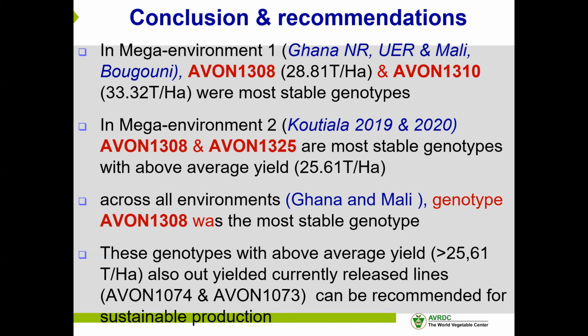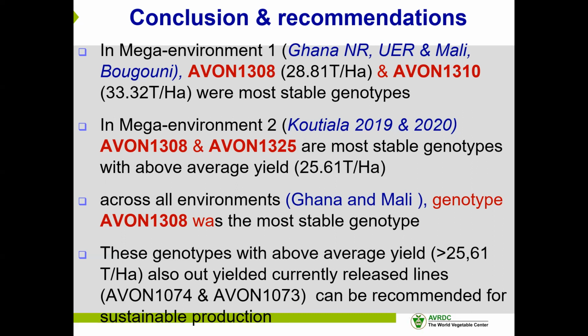In conclusion, the genotypes with above average yield greater than 25 tons per hectare also out-yielded currently released lines registered in the Mali catalog of vegetable varieties. They are AVON1374 and AVON1373.